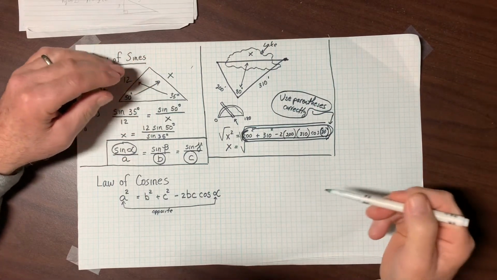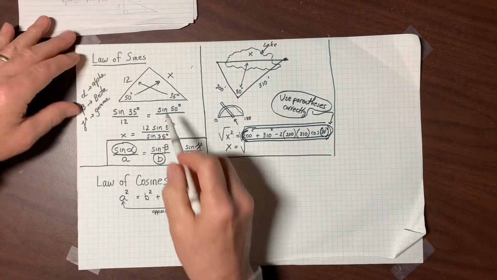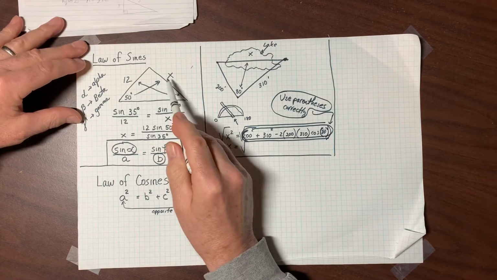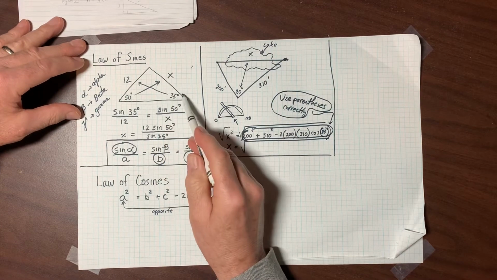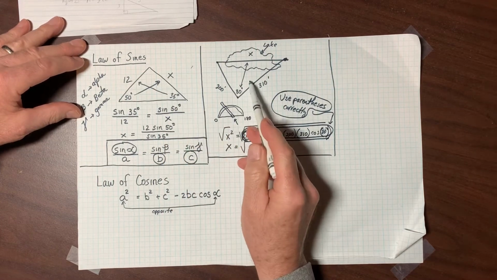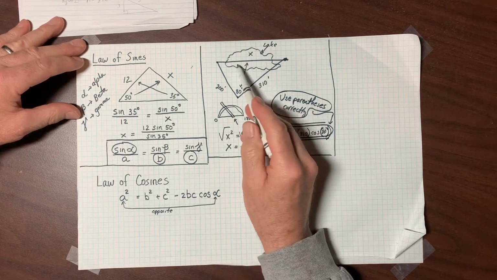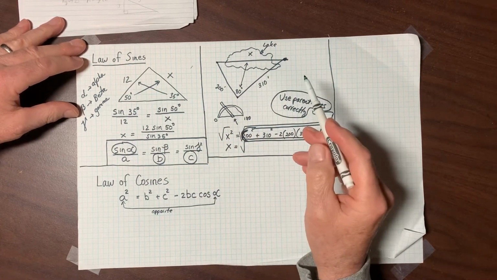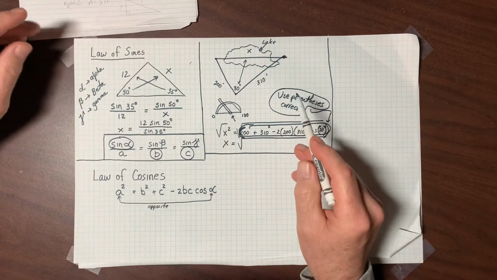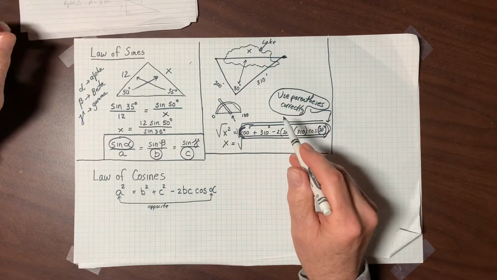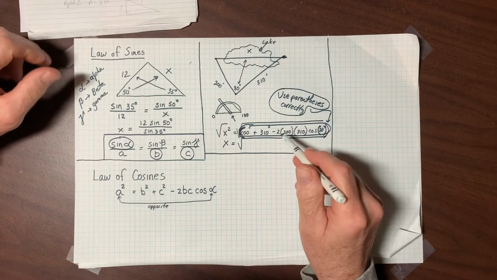All right. So this is an example of using the law of sines to find one of the side lengths. This is an example of using the law of cosines to find one of the side lengths. Let's do a problem where we're going to use the law of cosines to find the degree measure of an angle.